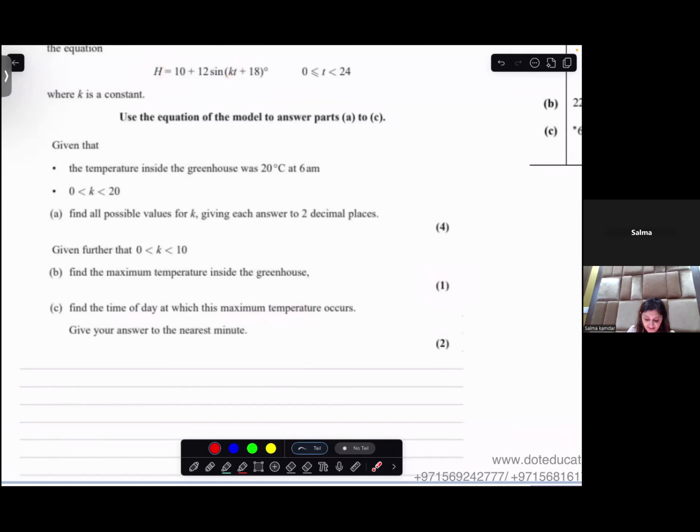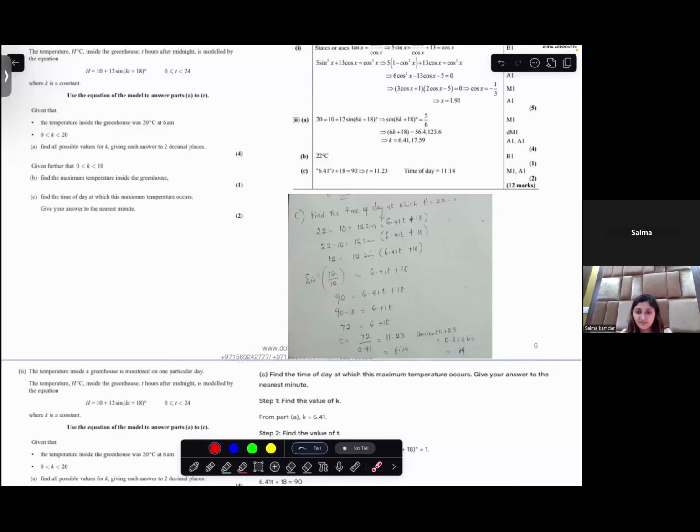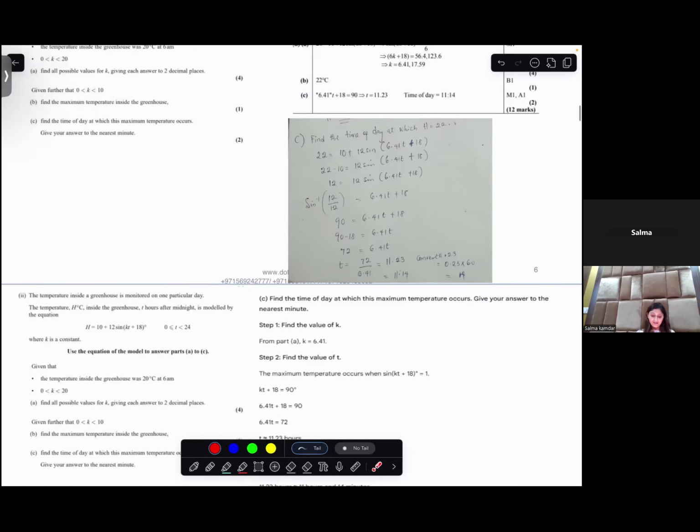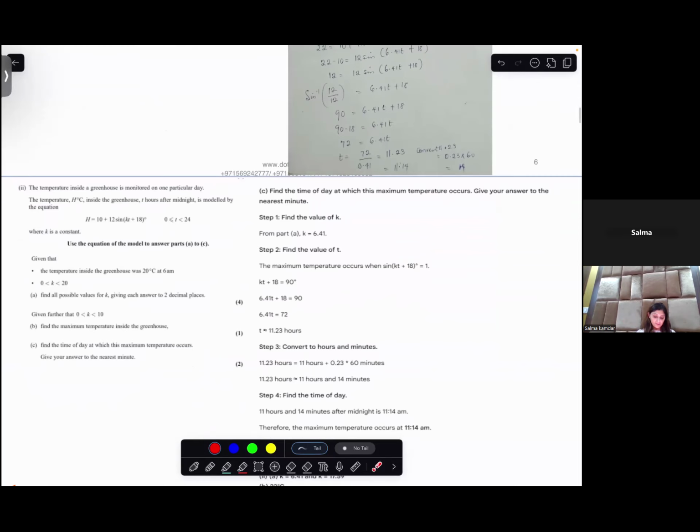I want to find the time of the day at which this temperature occurs. Please note it's for 2 marks. For 2 marks, I can take any one value of k that I am comfortable with. The time of the day at which the maximum temperature is 22 degrees occurs.